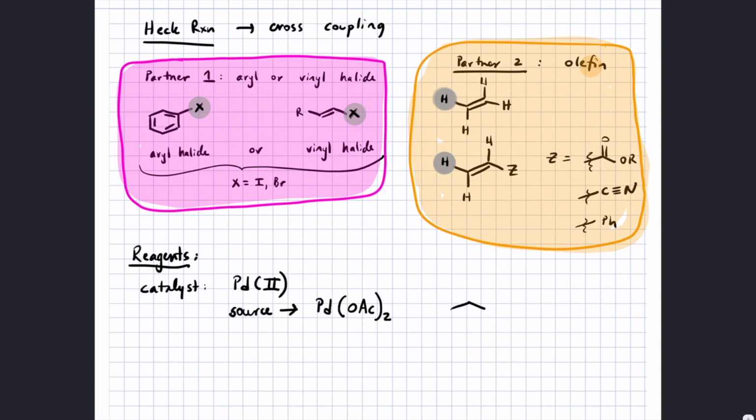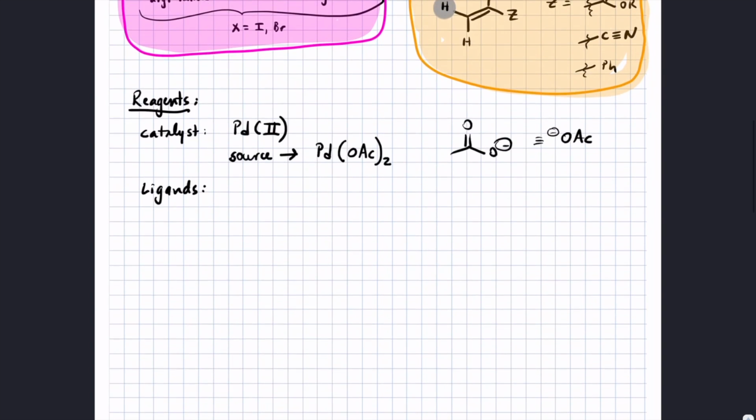Acetate is simply the conjugate base of acetic acid. So palladium 2+ and 2 negatively charged acetates is a neutral compound. Also, in a lot of these reactions, you have things that are called ligands that bind to the palladium and alter its electronic properties.